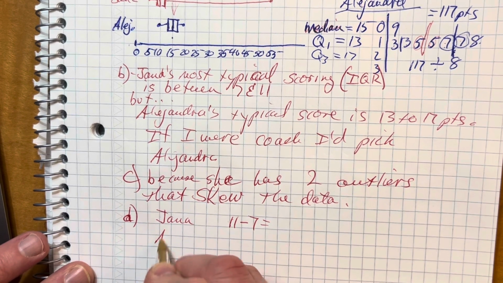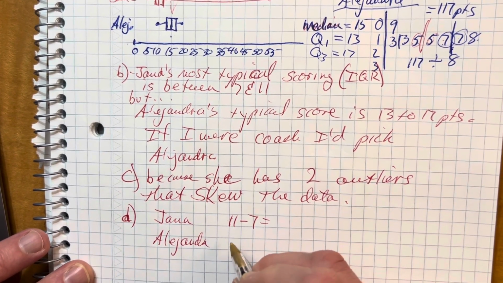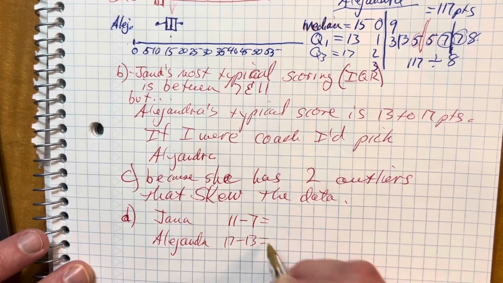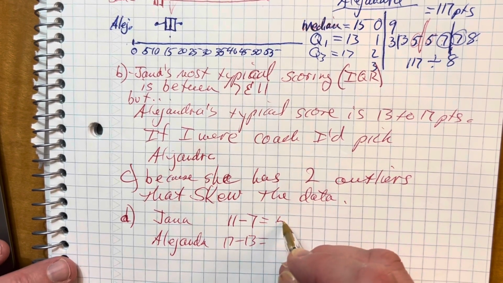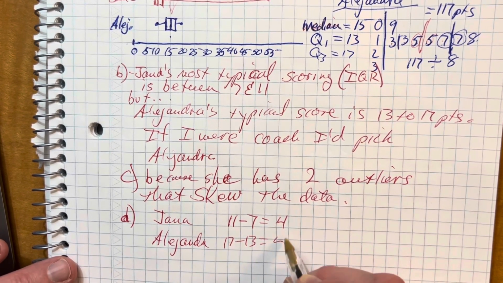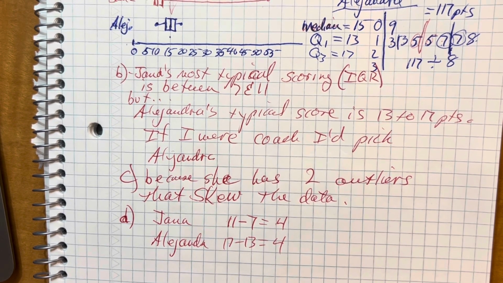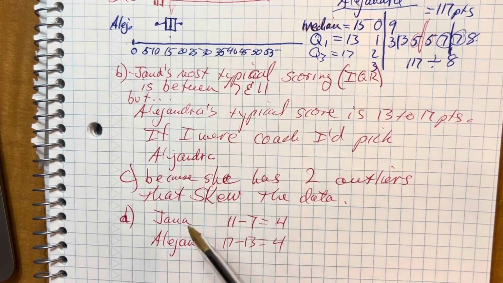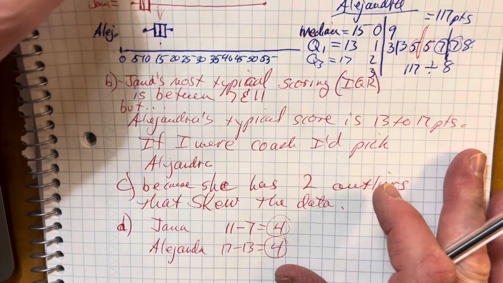For Alejandra, it is 17 minus 13. So that's 4, and that's 4. There they are, Jana and Alejandra. This is the IQR for each. They are both 4.